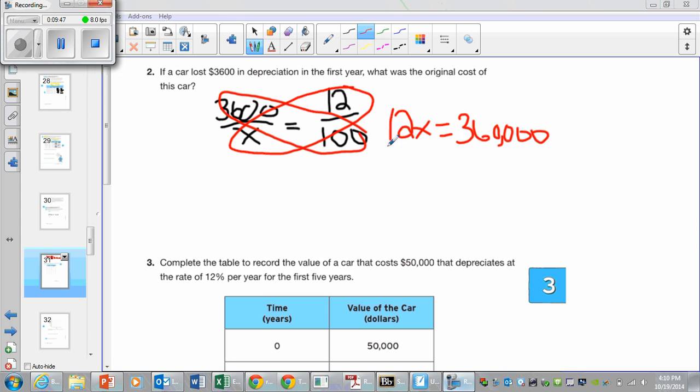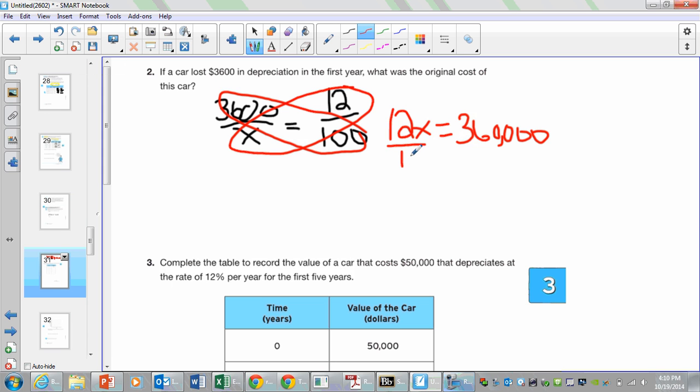Last step, we're going to divide both sides by 12. And you are going to find that the original cost was 30,000. So you need to write the original cost was 30,000, and don't forget your units of dollars.